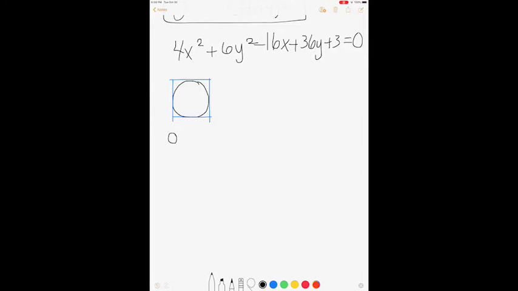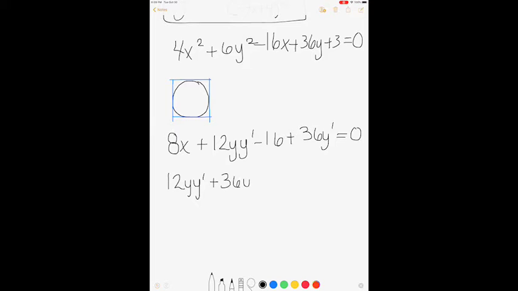All right, let's do the derivative. All right, there's my derivative. I'm going to collect all of my y primes together. And I'm going to move everything else to the other side.